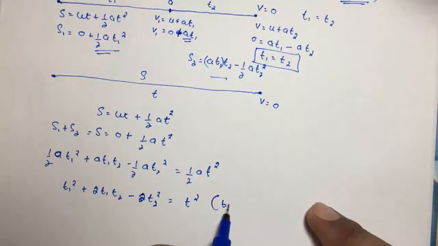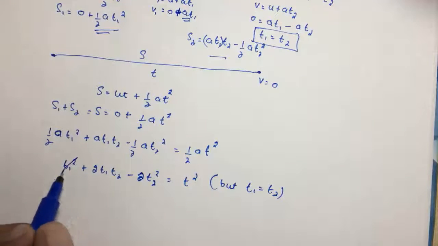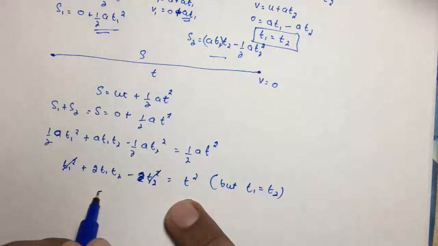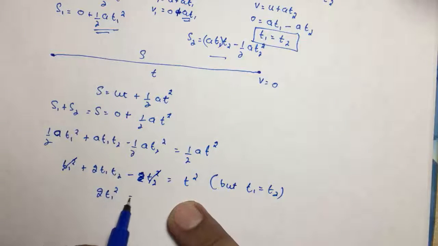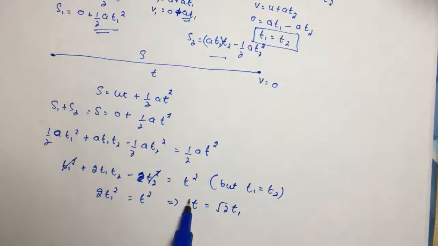But t1 is equal to t2, so this will get cancelled. We don't have t here, so this will be 2 t1 square is equal to t square. This will be t is equal to root 2 t1. We are not going to consider the negative value.